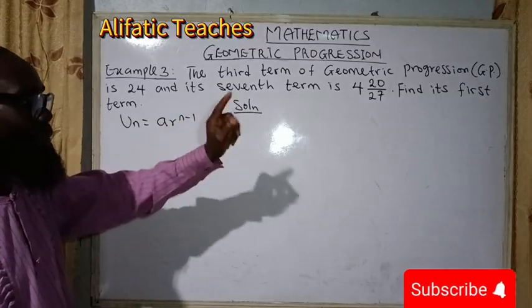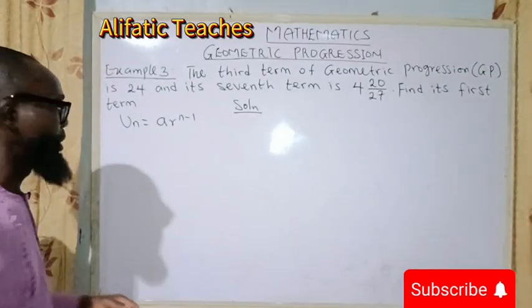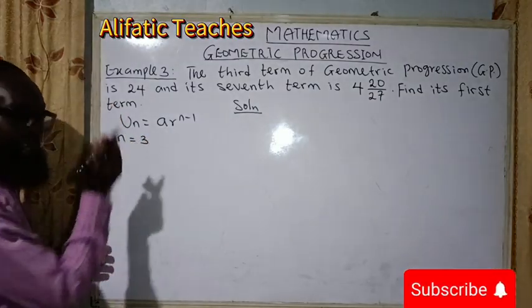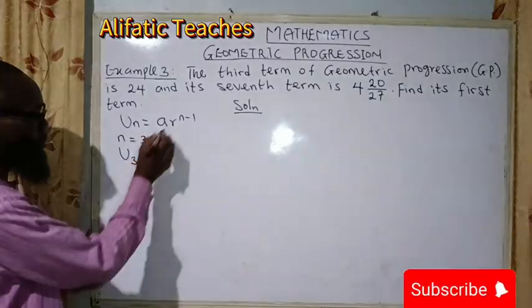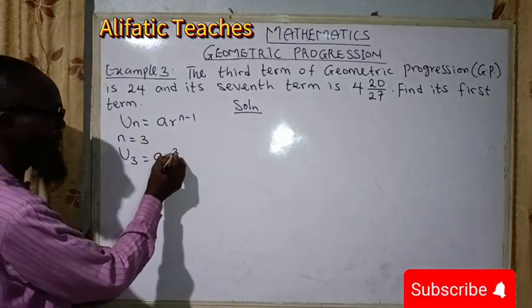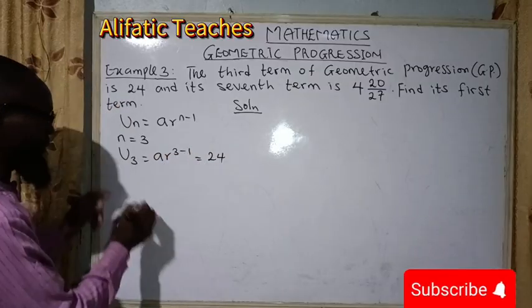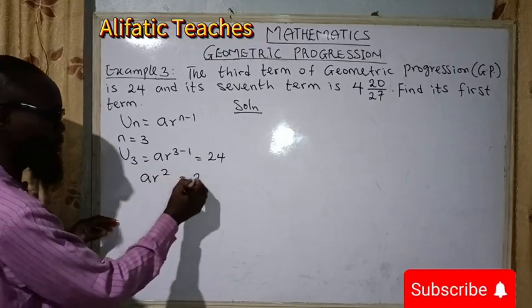Now the third term of a geometric progression is 24, when n is equal to 3, that is the third, then U_3 equals A R raised to power 3 minus 1, which is equal to 24. Therefore, A R raised to power 3 minus 1, I have A R^2 equals 24.